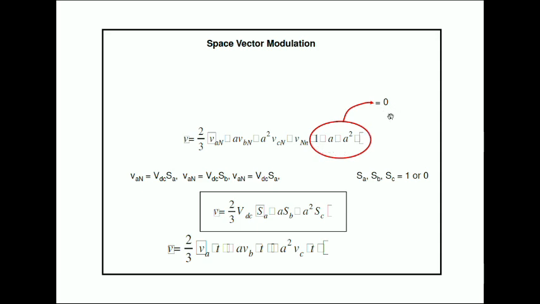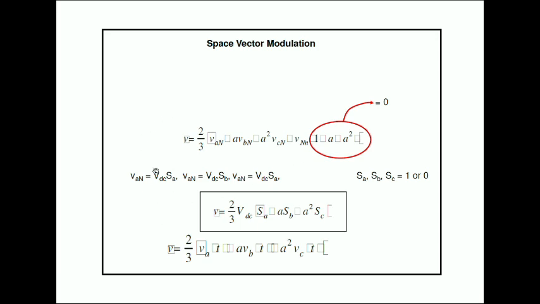That is because if you add these space vectors, 1 is a space vector which is horizontal, with magnitude 1 and angle 0. A has the same magnitude at 120 degrees, and A square is at 240 degrees.